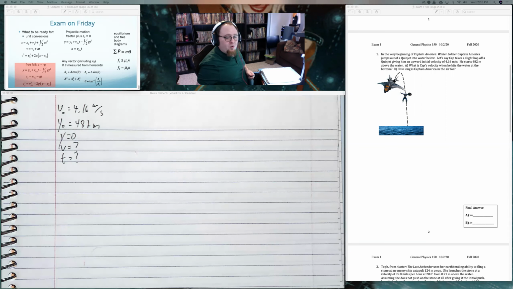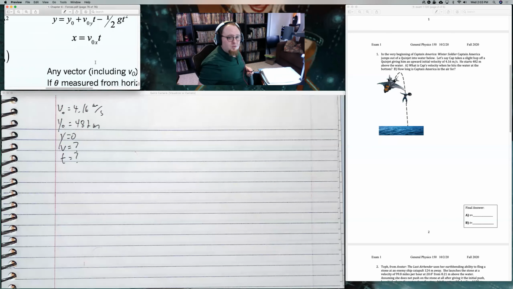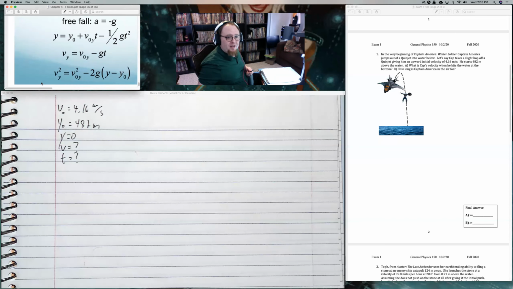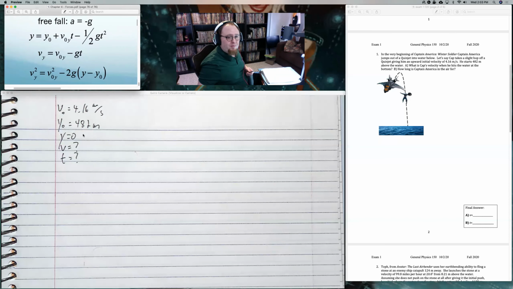When you're solving a kinematic equation or a free fall equation, it turns into a matching game. Let's zoom in here. I'm going to find which of these equations match what we want. The first bit is to solve for V. If I'm going to solve for V, I want one of the 2 equations with a V in it, so that's either this one or this one.